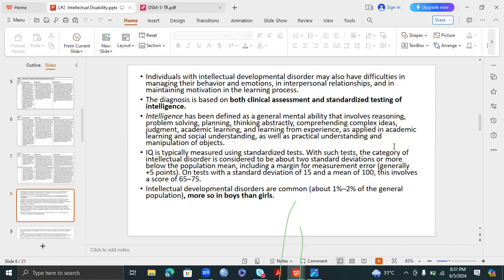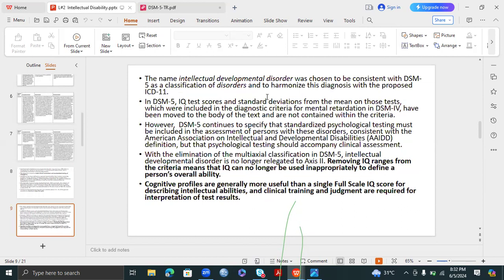Here we have defined intelligence, the previous relativity of the IQ, and now the modern terms. The prevalence of intellectual developmental disorder is more common in boys as compared to girls. It's a very important point that has been highlighted here.